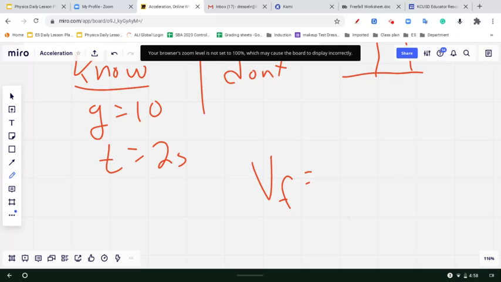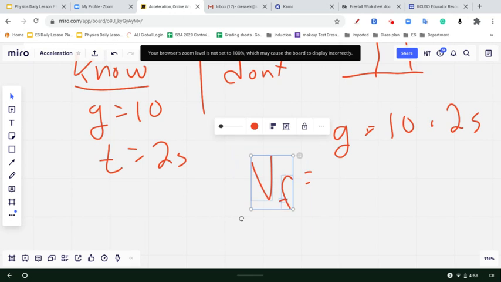So that is equal to g, or 10, times the number of seconds, which is 2 seconds. So 10 times 2, my final velocity is going to be about 20 meters per second.